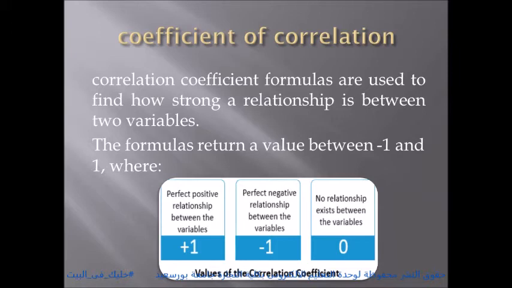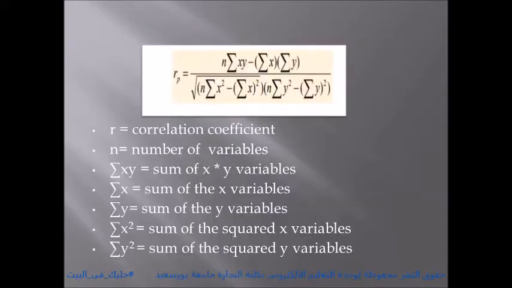So values of the correlation coefficient range from -1 to 1. When it is near -1, it is a negative relationship. When it moves toward 1, it is a positive relationship.